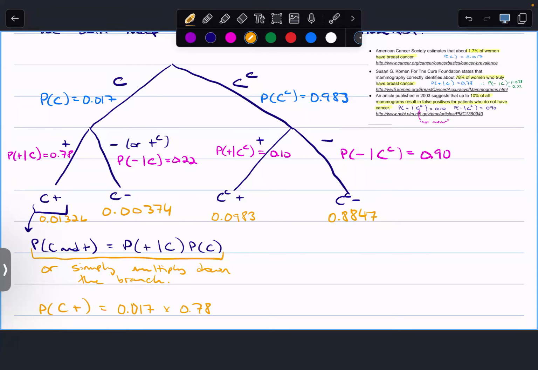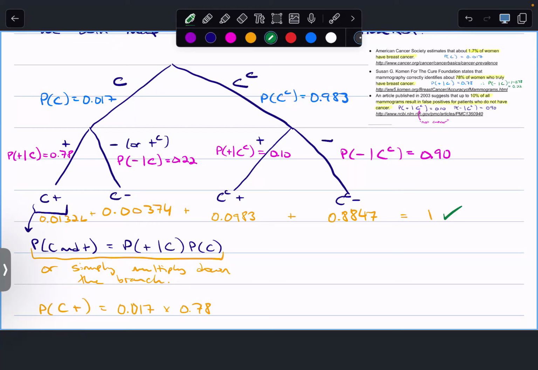0.8847. Adding these all up, plus, plus, plus, I should get 1, but I'll confirm. Plus 0.0983 plus 0.00374 plus 0.01326. Whew. Get myself a green check mark.